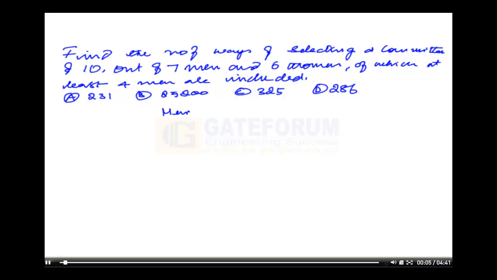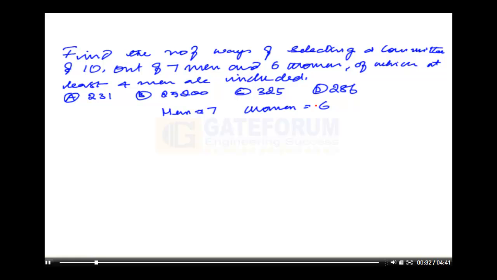Totally 7 men and women are 6. We have to select a committee of 10 members which includes at least 4 men, so therefore it can be 4, 5, 6, at the most 7 men can be included in the committee.